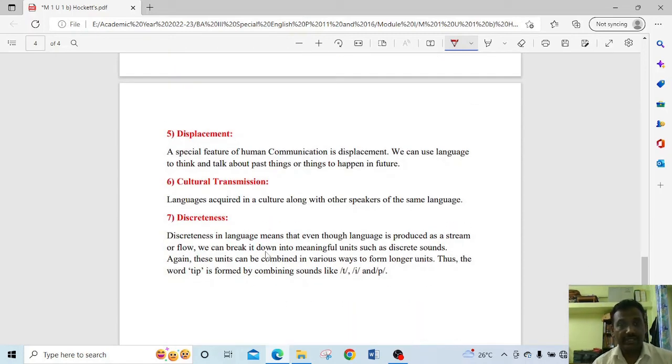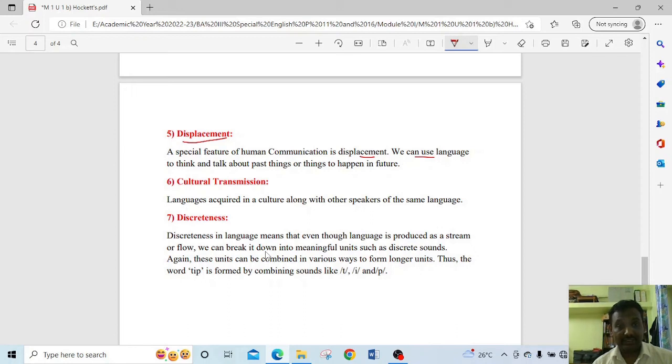Then the fifth feature is displacement. This is a special feature of the human communication system, called displacement. We can talk about the past and we can also talk about the future. This is called displacement.